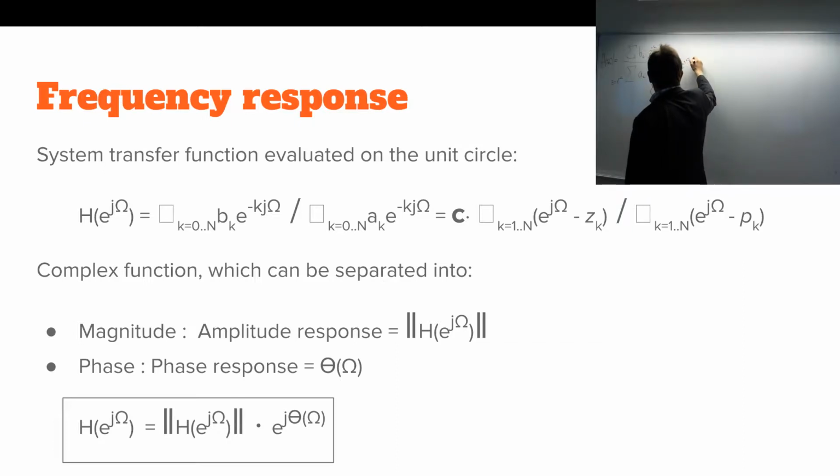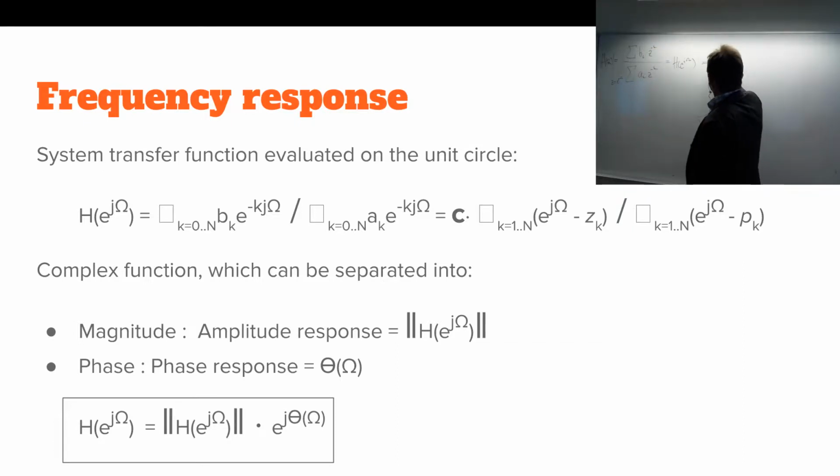So that's the frequency response, and z is just replaced by e^{j omega}. b_k times e to the minus jk omega, same thing here, and there's absolutely no magic in here. It's just calculus.